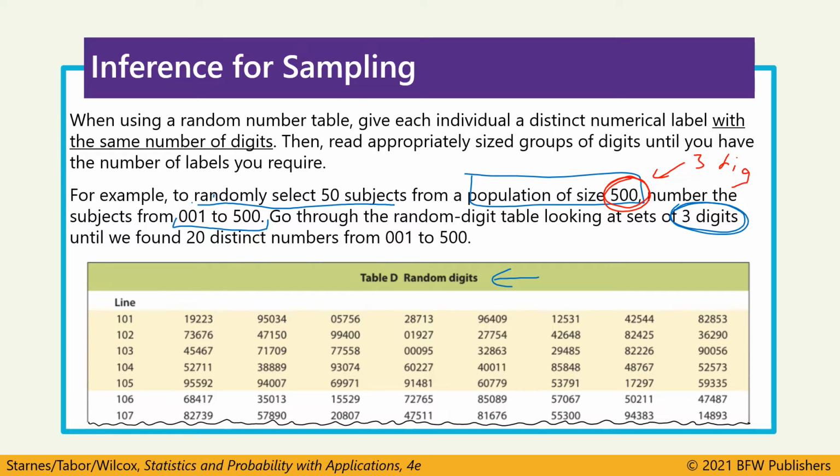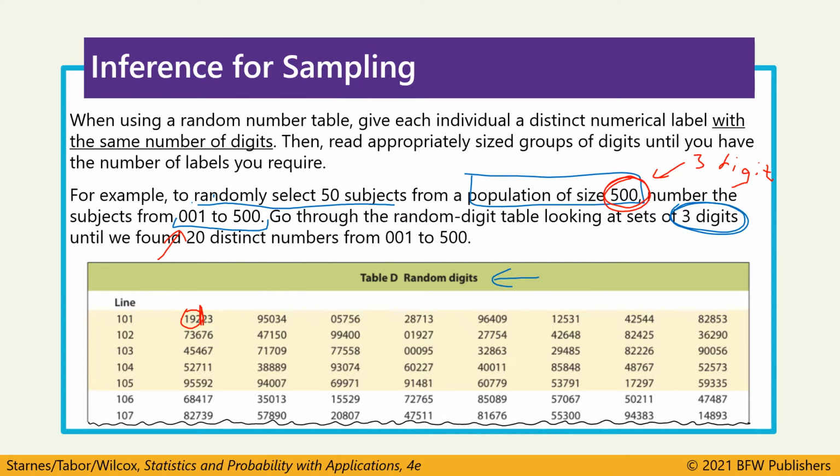All right, if there were only 99 people in our population, we could just look at a 2-digit number. If there were 10,000, we would look at 5-digit numbers. All right, so when I say we're looking at a 3-digit number, we're just going to look at the first 3 digits. 192 is the first person that we would select in our sample.